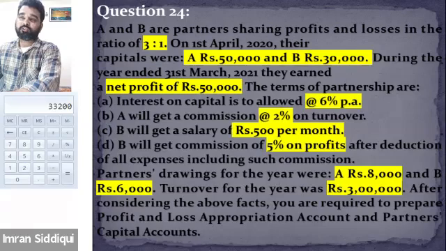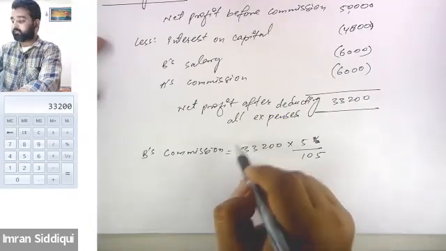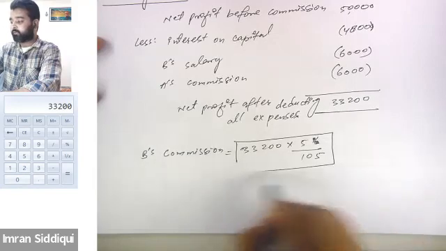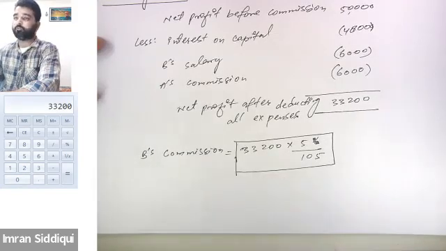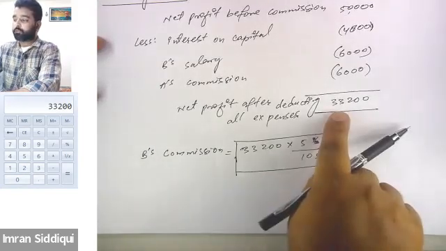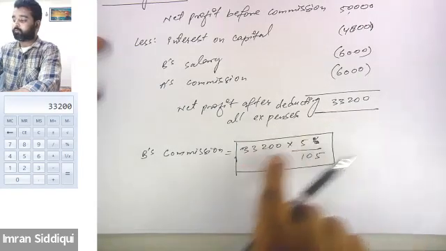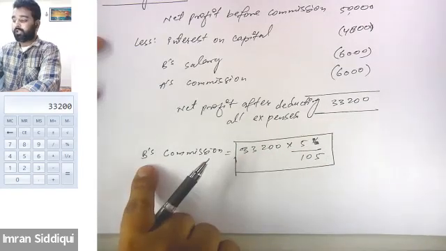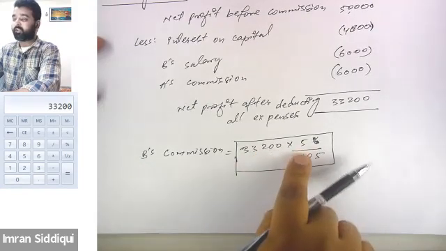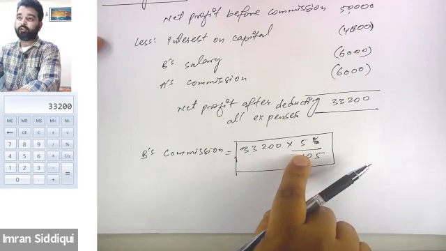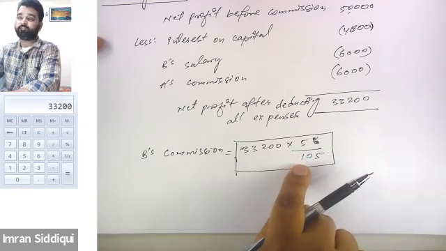Whenever the question says that we need to calculate commission after deducting all expenses, including such commission also, then always remember that this is how we will calculate. This is the amount of profit. On this profit, we need to find the commission, and the commission is at what percentage? 5%. So we will multiply it by 5 and divide it by not 100, but 105.